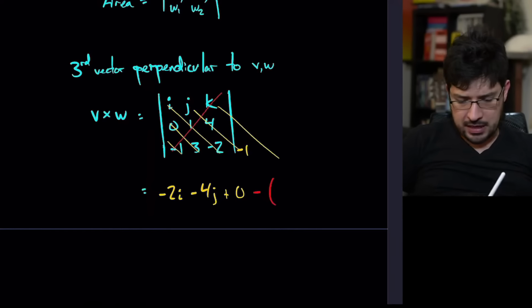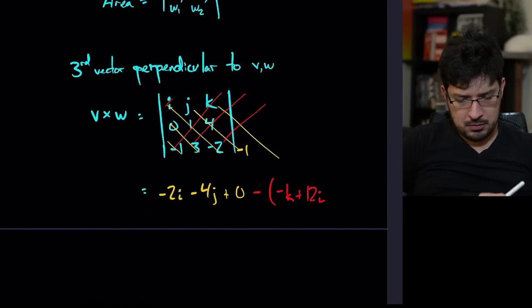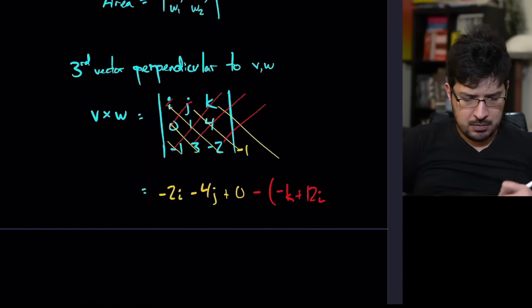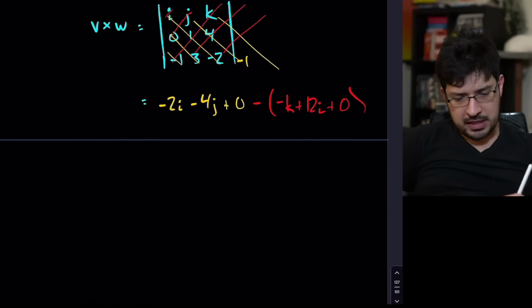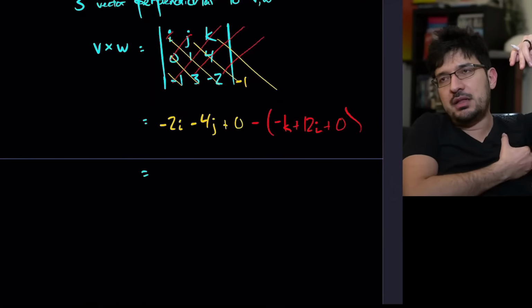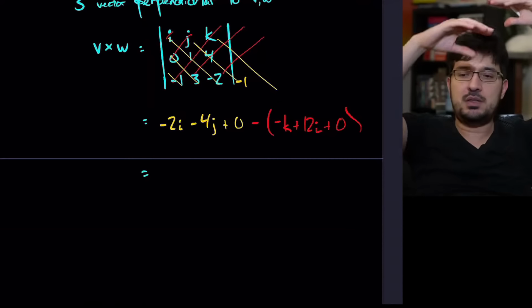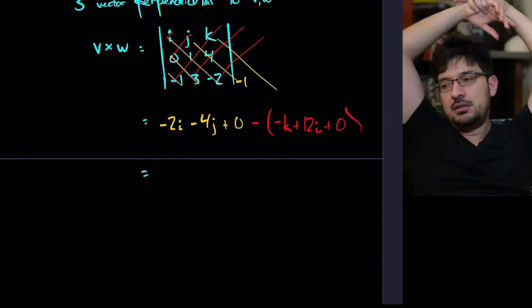Negative k plus 12i plus 0j. Y'all, we're getting close, I think. Because then, if this is the perpendicular line, then we can project to that third axis, I think.